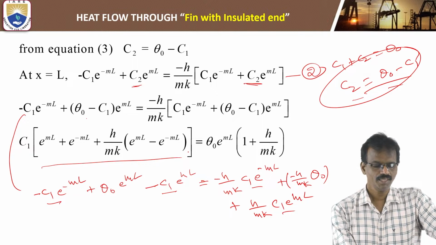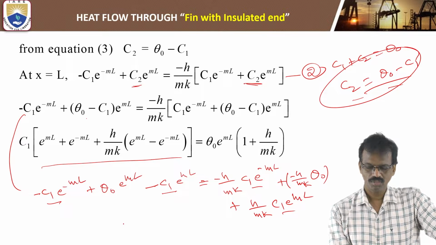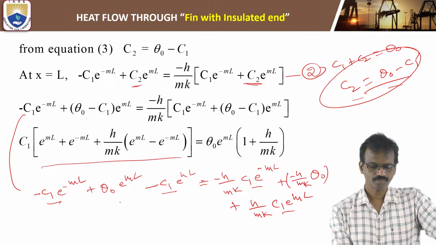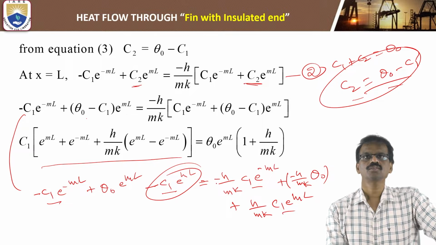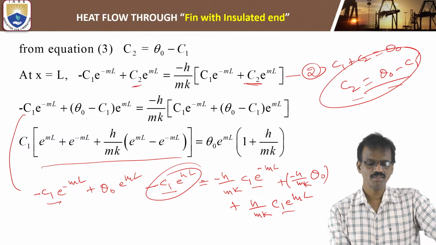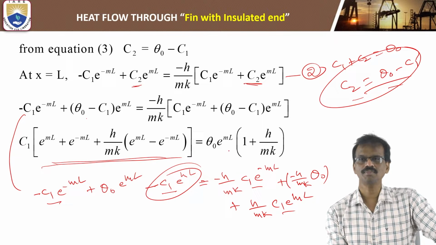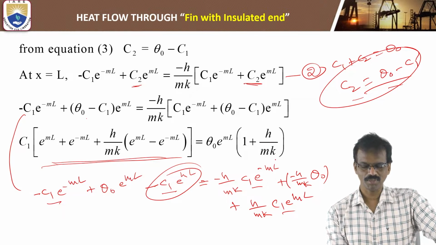So C1 into e to the power of ml plus e to the power of minus ml plus h by mk into e to the power of ml minus e to the power of ml. So we'll get the total term. Theta naught e to the power of ml is the common term. Here we'll get 1 plus h by mk.